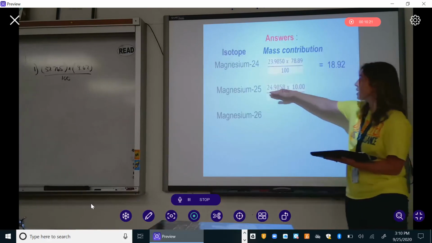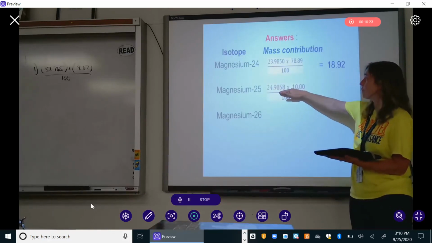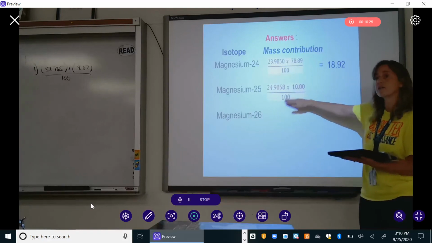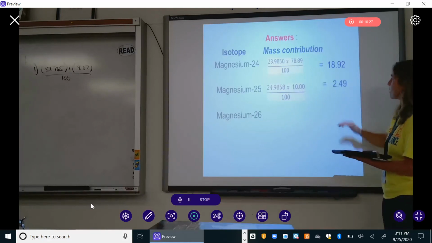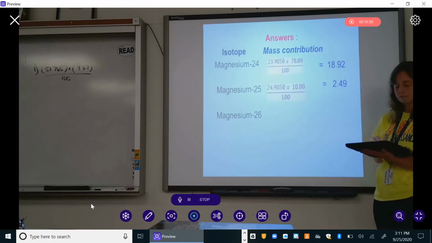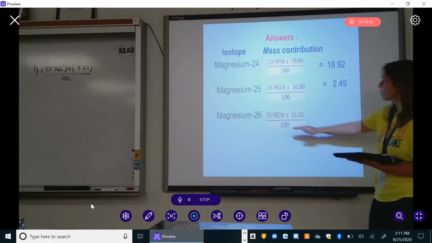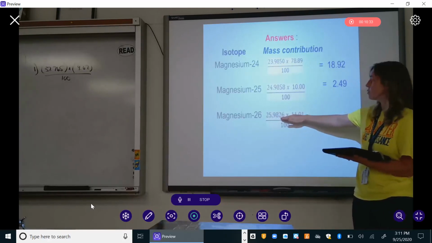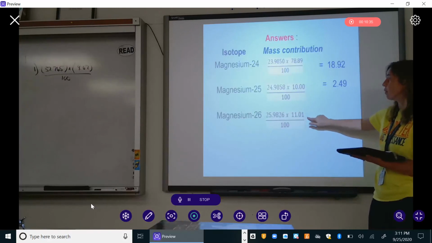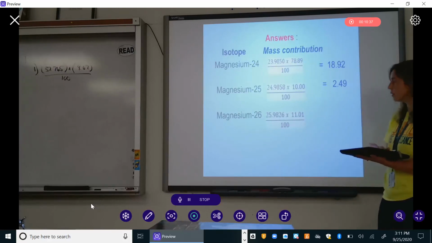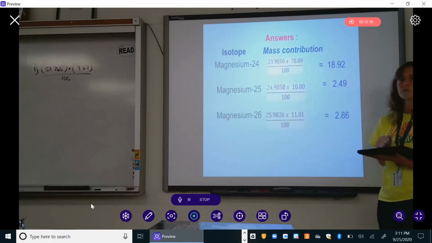Next, I'm going to take 24.9858 times 10% divided by 100, and that's going to give me 2.49. Last, I'm going to take 25.9826 times 11.01 divided by 100, and that's going to give me 2.86.